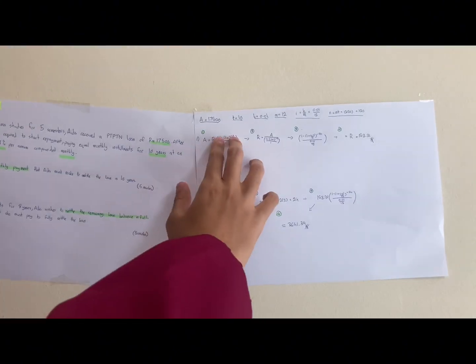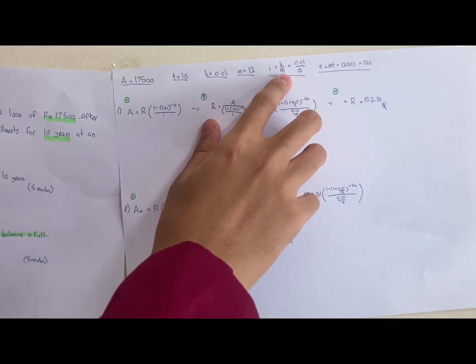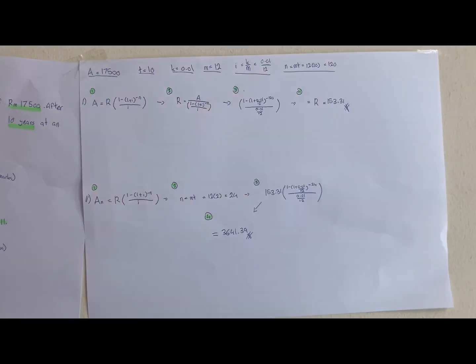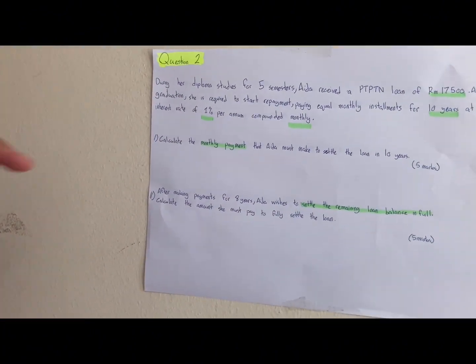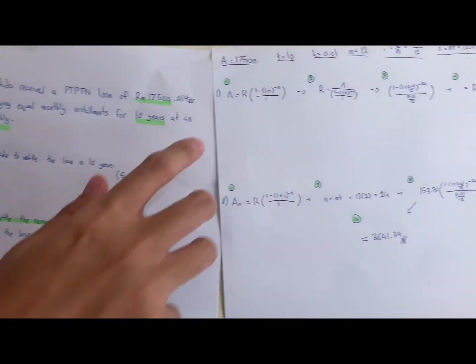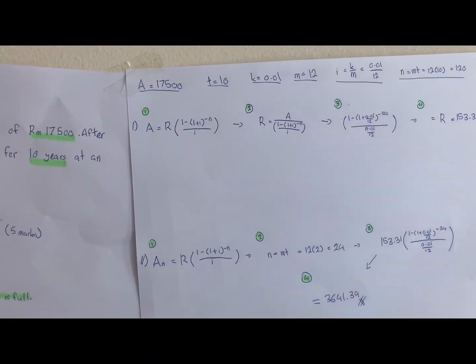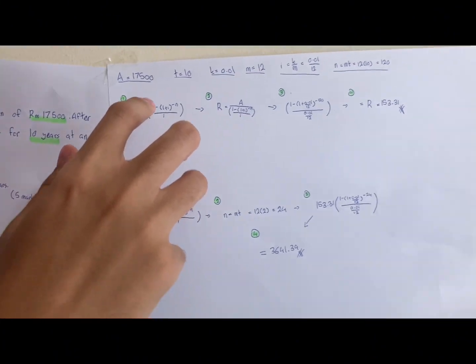So from the information, we do the I and N first. So this is the I, K per M, and this is N, M multiplied by T. So for the first question, he asked for monthly payment. So for the monthly payment, we use this formula: A equals to R and this one. So first we write the formula.